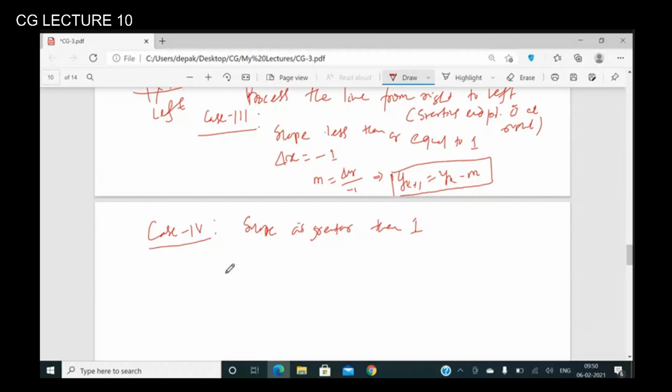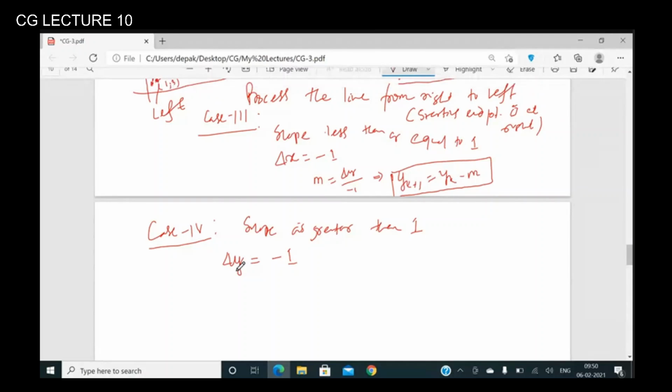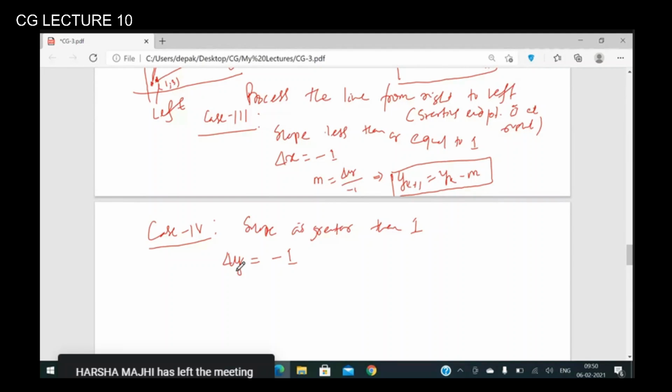In this case, I will take del y equal to -1, because the difference of y is greater than the difference of x, and rather than taking del y as 1, I know that I'm not processing from left to right, so the value will be -1. So who can say what will be the formula for x of k plus 1?